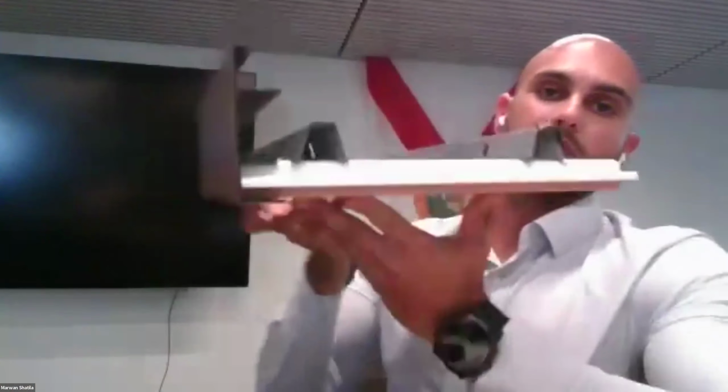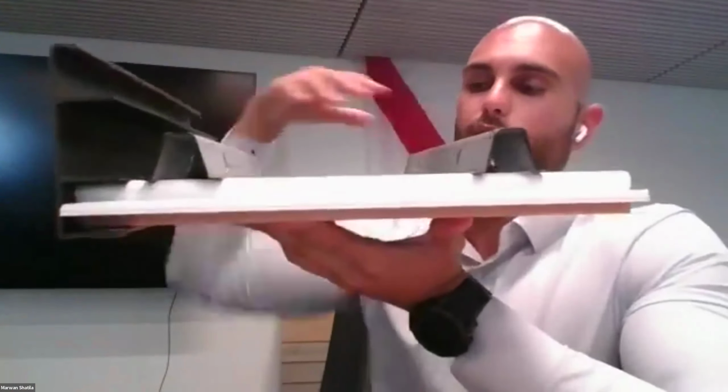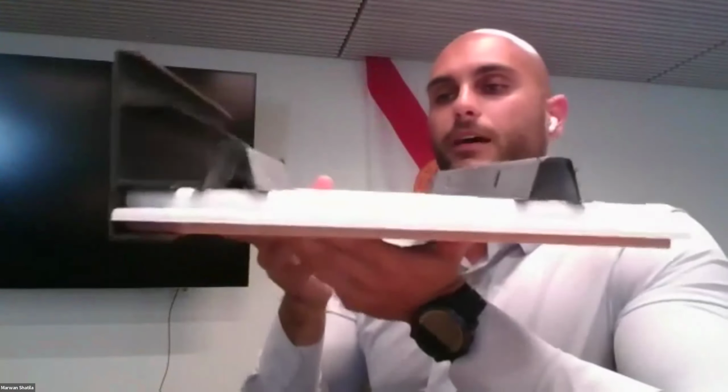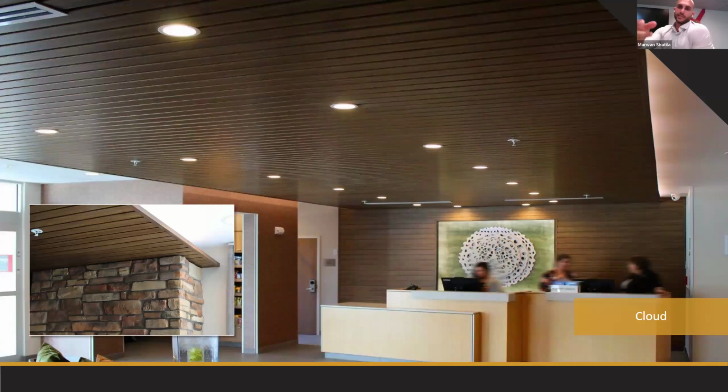But if you did need to conceal all of the electrical, plumbing, what have you, accessory items, then this becomes a very good solution for that, which they utilize in the photo right here. They also have the lights protruding from behind the system to give it that sort of illusion.